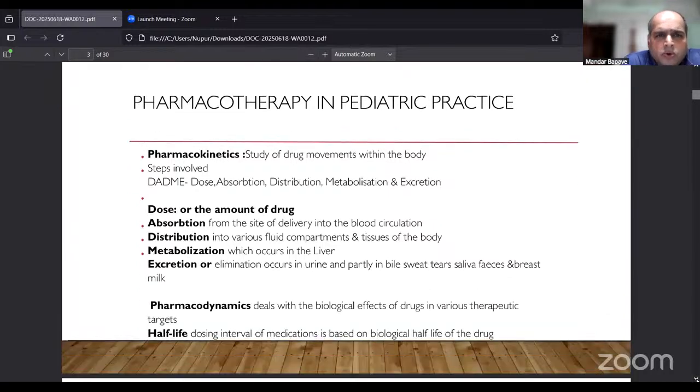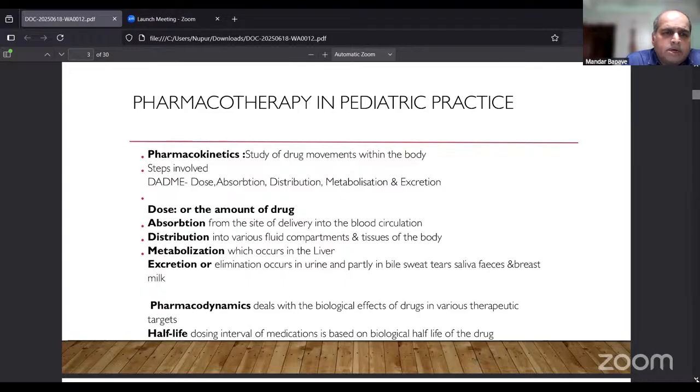Going back to our second MBBS and a little bit of learning with pharmacology, we study how drug movements occur within the body. That is pharmacokinetics. And the simple mnemonic of DADME occurs in pharmacokinetics. What is that? The first is the dose, the amount of drug which is taken.